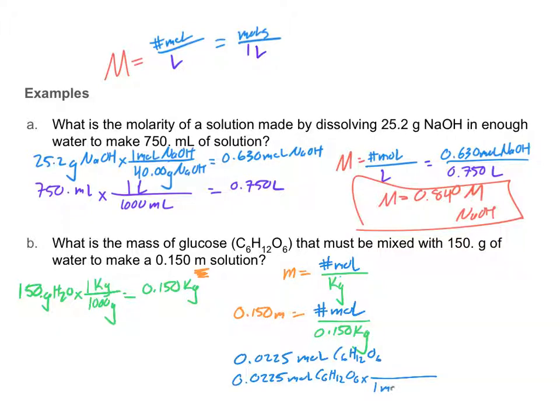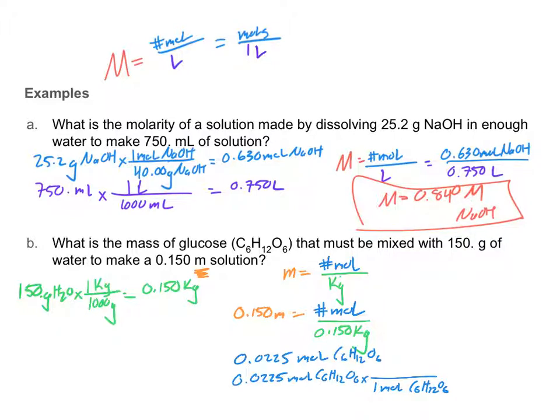So in 1 mole of C6H12O6, let's see, there's 16 times 6 plus 12 times 12.01 plus, oh wait, I did that wrong.